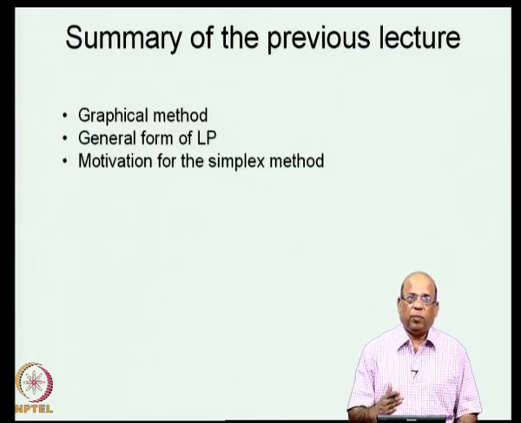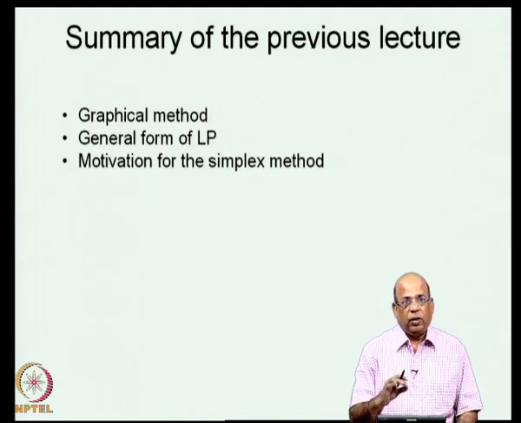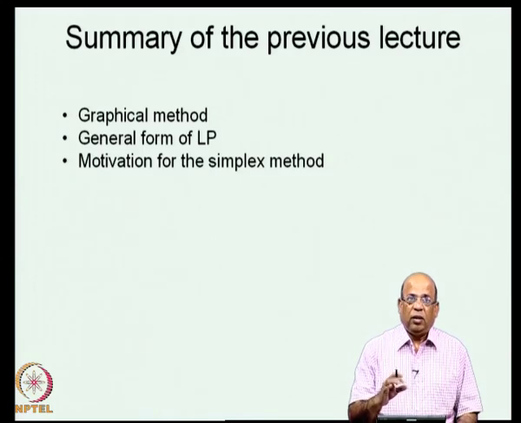Recall that in the graphical method, this is exactly what we did. We identify a feasible region, then keep increasing the z value as long as we have at least one point on the z line which is in the feasible region. That solution is a feasible solution.